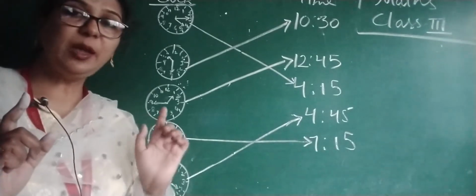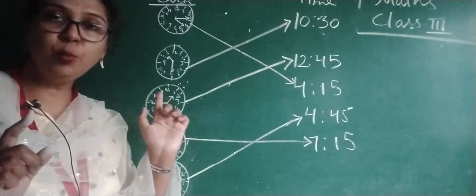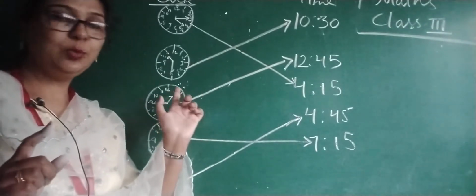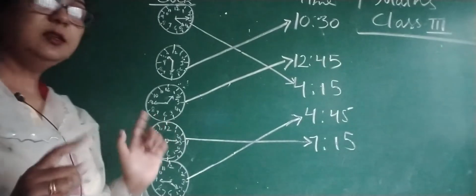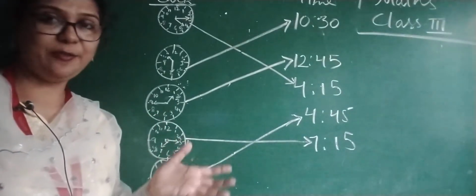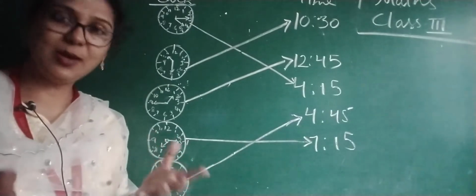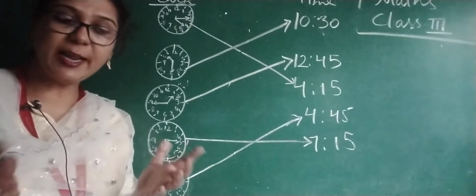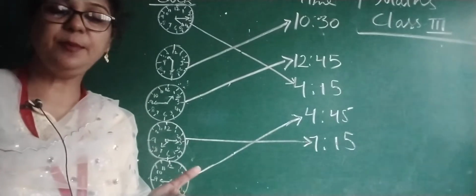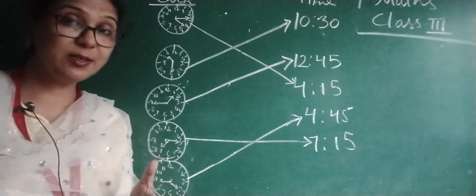So if your minute hand moves from 6 to 7, it means that is 35. That is what we are going to learn today. So our next topic is reading time in hours and 5 minutes corrections.